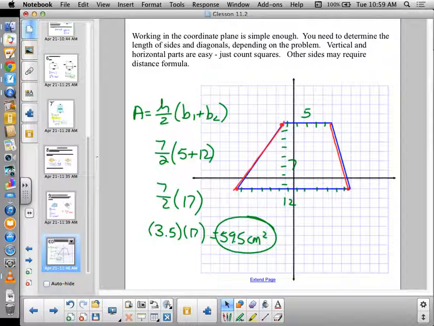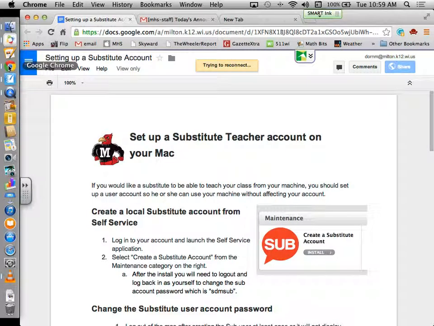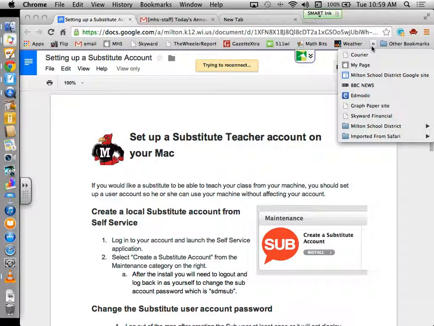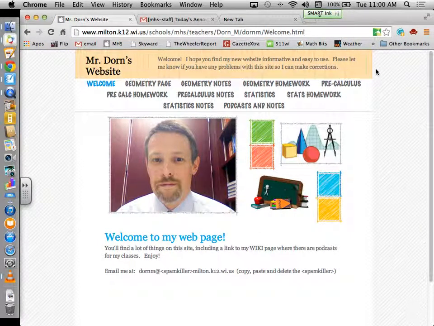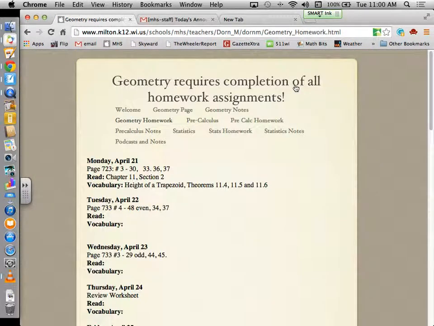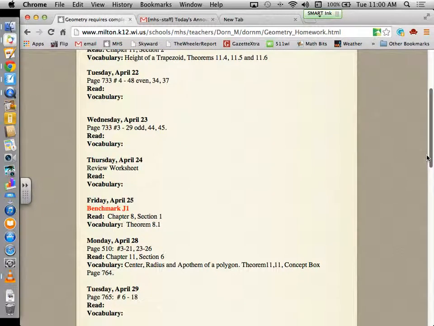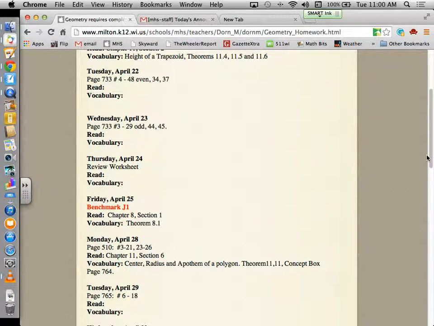So, tonight's homework. There's no vocab. 733, 4 through 48 even, not all. I don't know why 34 and 37 is in there. 34 is already included. Actually, I know why that's in there, because it should be 4 through 28 even.